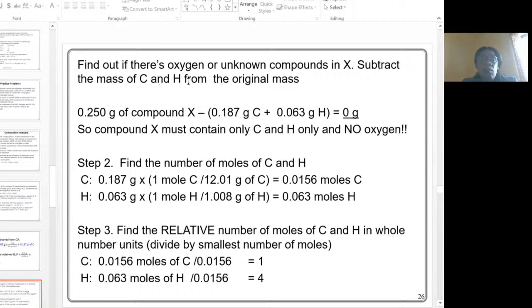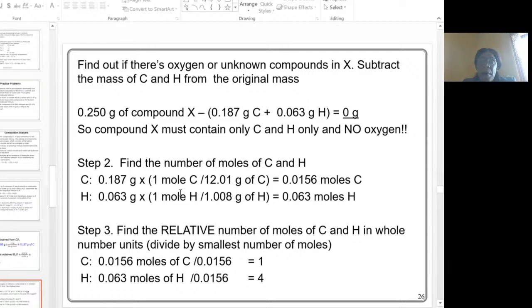Since there's no oxygen, we are now clear that our compound only has carbon and hydrogen. We now proceed. Step 2 states to find the number of moles of carbon and hydrogen. We basically use the same steps we were using when determining empirical formula.